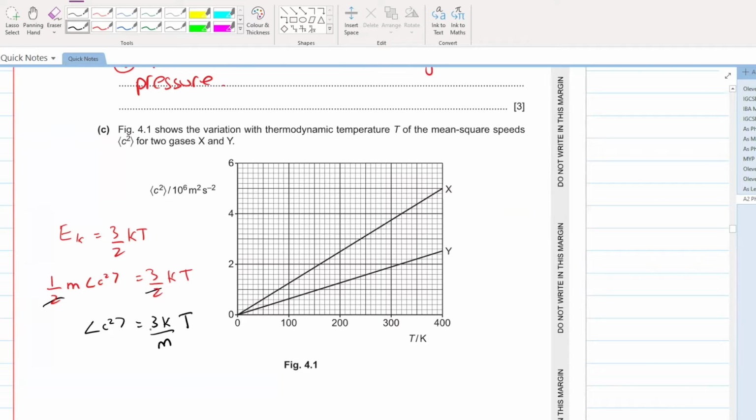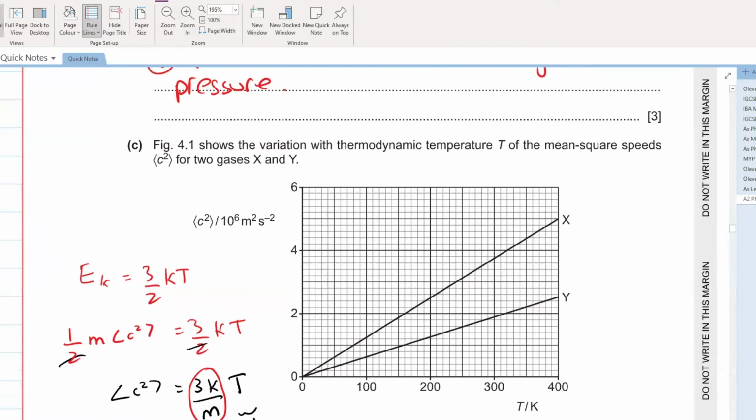This graph is much easier to resolve because there are fewer variables. If I plot mean square speed on the y-axis and temperature on the x-axis, the gradient of this graph will be equal to 3k over m, where k is the Boltzmann constant and m is the mass of one molecule.